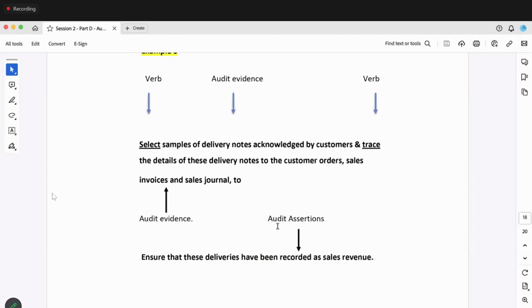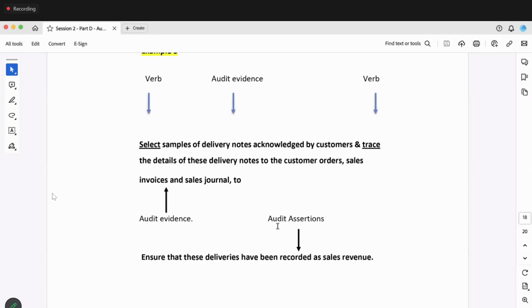In the exam questions, it's very common that the audit assertion is sometimes suggested in the question itself. They will actually tell you, please propose or suggest one audit procedure to test this. Sometimes no. Sometimes they will just ask you, how should you respond to this? What audit procedure will you do? Please pay attention also.